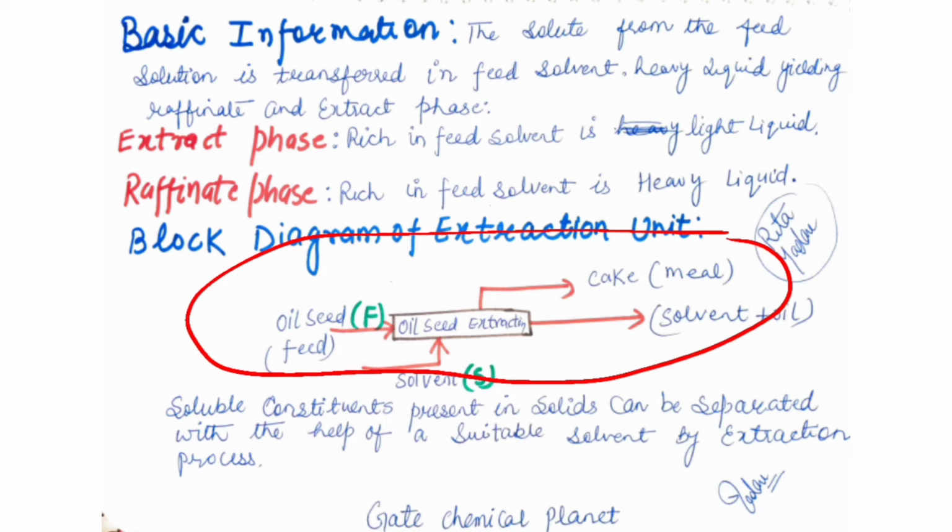Soluble constituents present in the solid can be separated with the help of a suitable solvent by the extraction process. So this is the block diagram of the extraction unit.